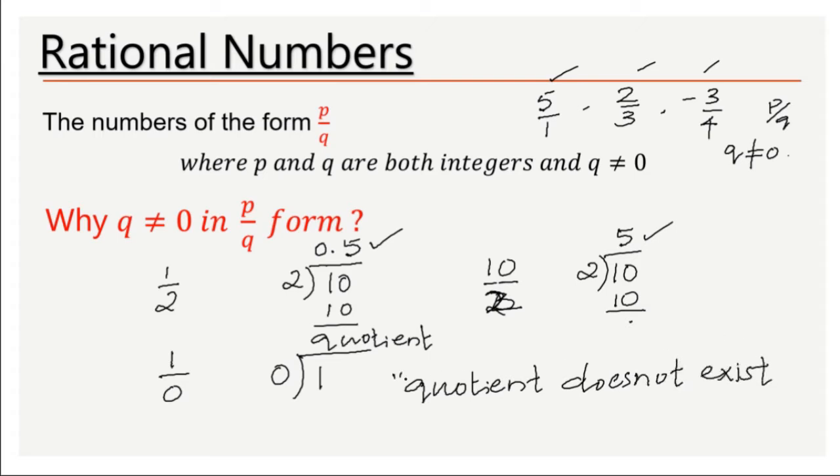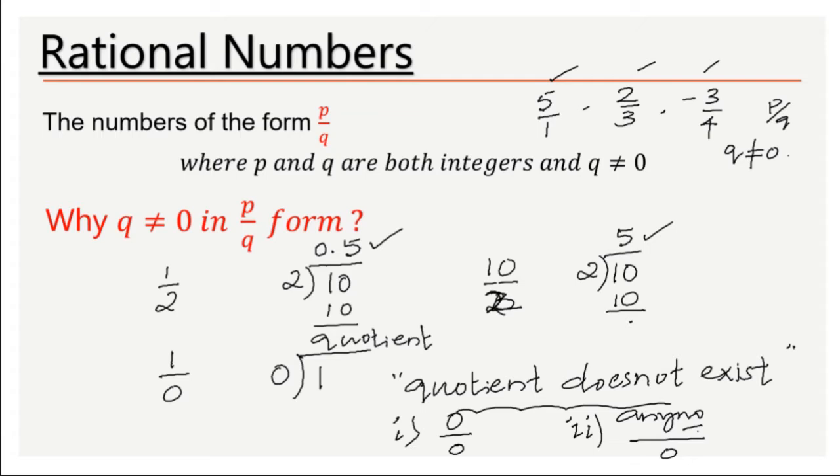This quotient doesn't exist in two different cases. Case 1 is the number 0 divided by 0, we do not have a quotient, and any number divided by 0, we do not have any quotient. That is the reason why we do not have q equal to 0.